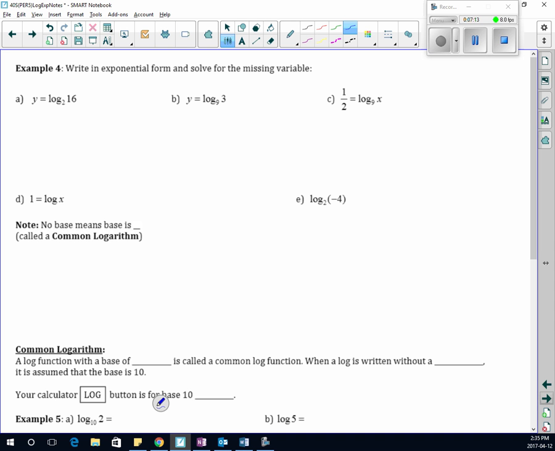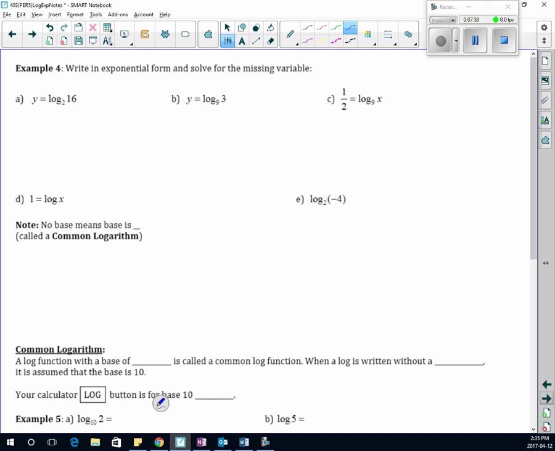Okay, so we're going to write an exponential and then solve. At some point, you are not going to actually do this anymore. You'll just know what the answer is. So if you know what you're looking for, it's pretty easy. For instance, when I'm finding the value of a log, I'm looking for the exponent, right? So this exponent to which the base 2 is raised to get the argument 16.